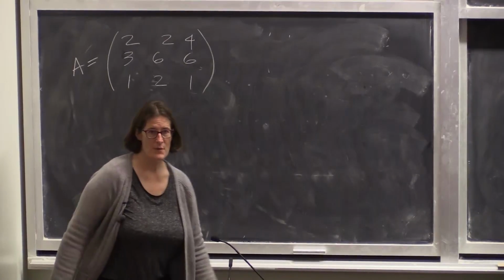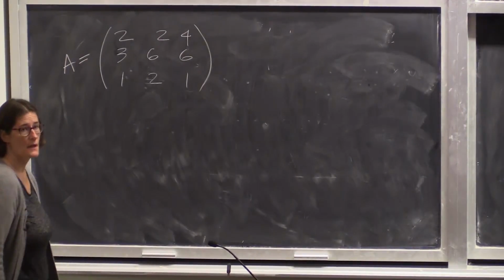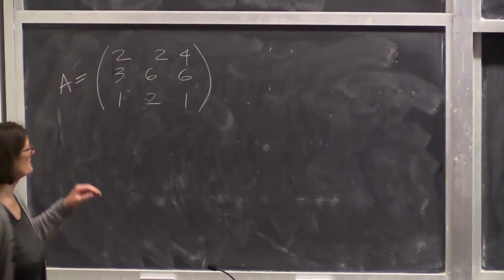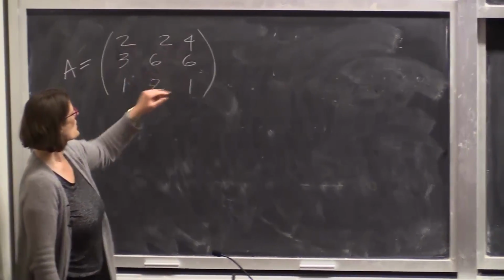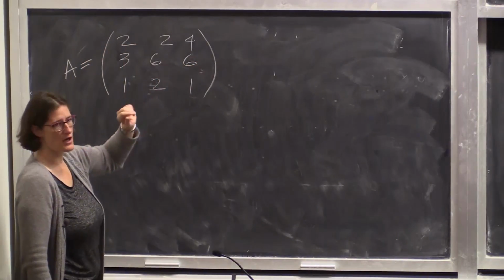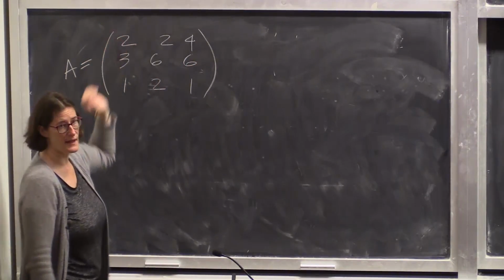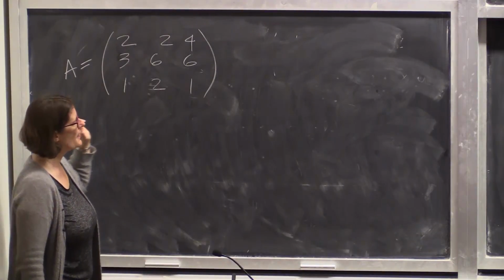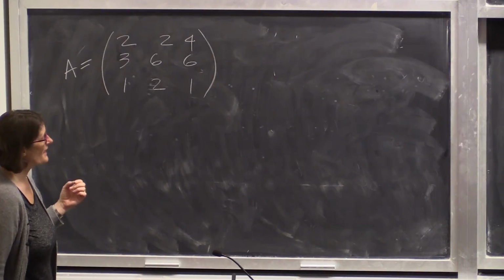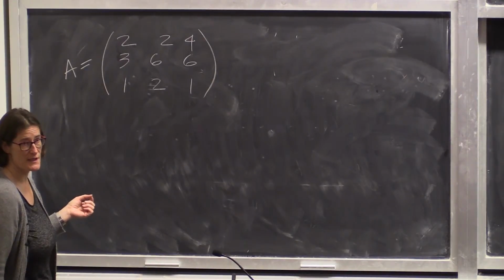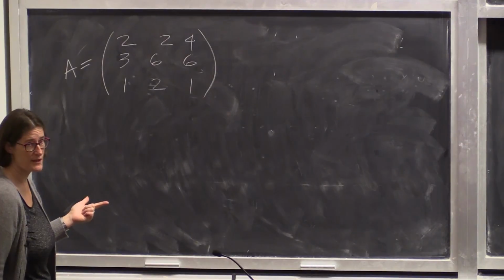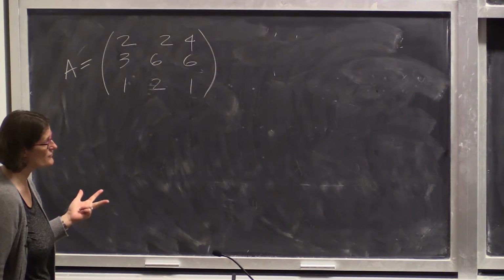Now, from last time, we know that computing the determinant basically means picking a row or picking a column, and then doing some sort of procedure along that row or along that column. And from last time, we saw that freedom of choice made it super easy to compute the determinant of an upper triangular matrix, a lower triangular matrix, a diagonal matrix.